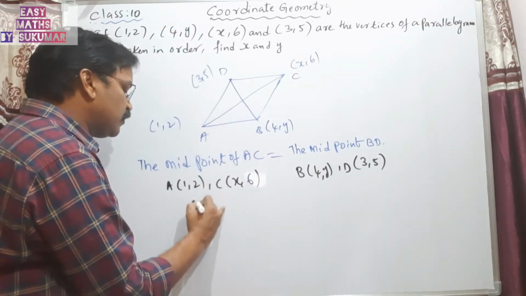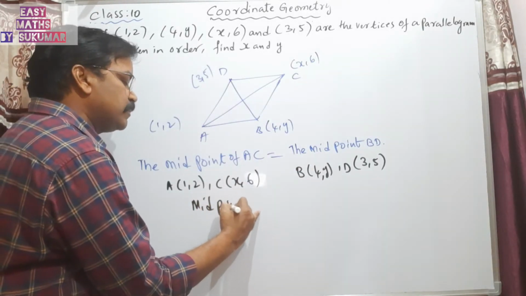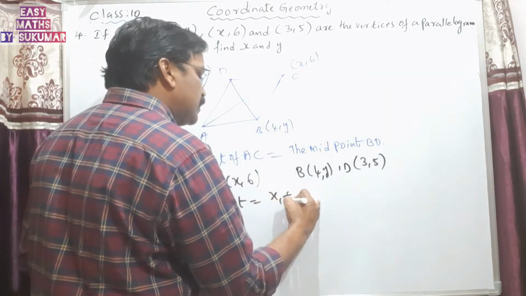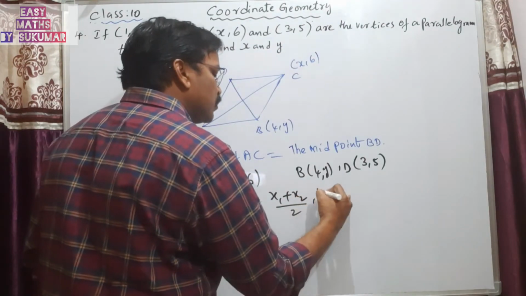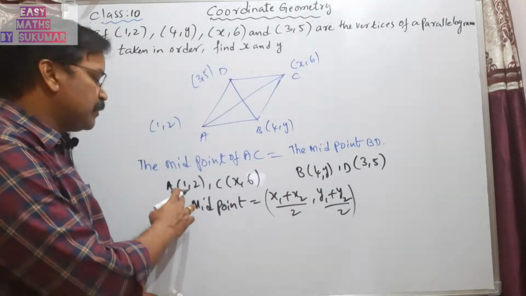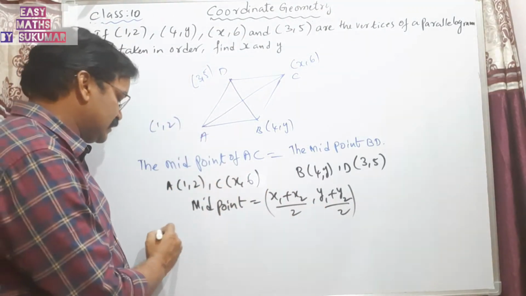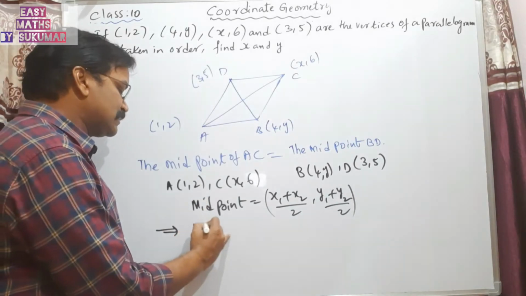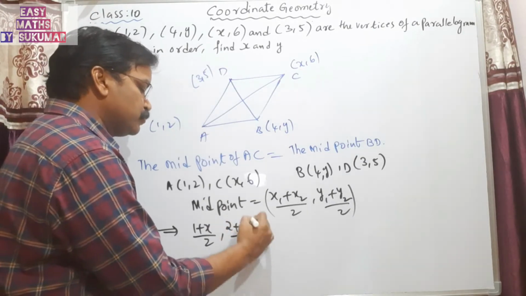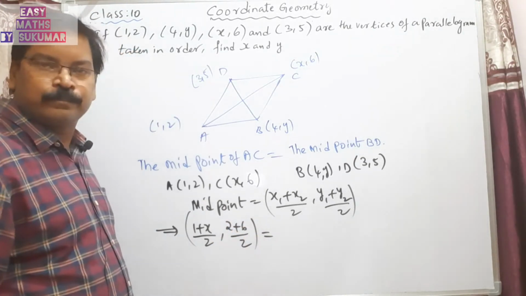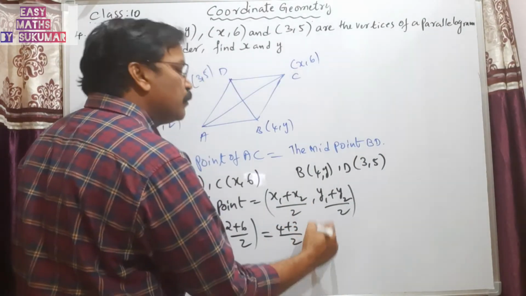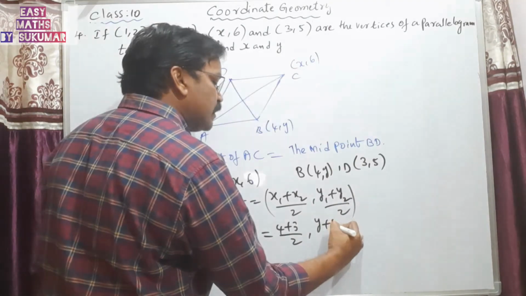So what is the midpoint formula? Midpoint of x1 y1 and x2 y2 is x1 plus x2 by 2 comma y1 plus y2 by 2. So, my dear students, the midpoint of 1 comma 2 and x comma 6 is 1 plus x by 2 comma 2 plus 6 by 2. This is equal to 4 plus 3 by 2 comma y plus 5 by 2.